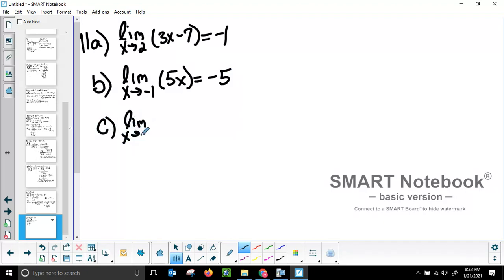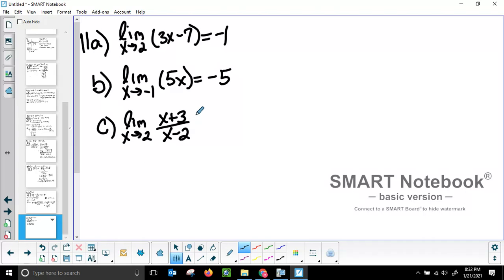The limit as x approaches 2 of x plus 3 over x minus 2. All right, so when I try to plug this in, I get 5 over 0.